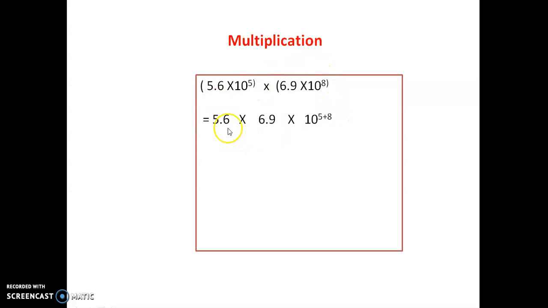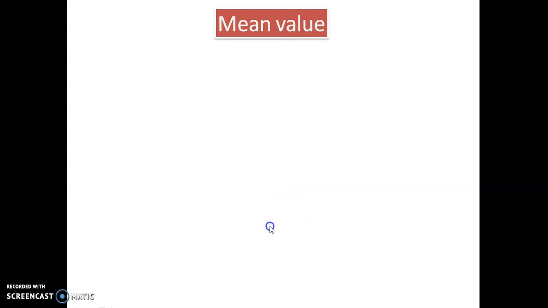So 5.6 times 6.9, and the exponents 5 plus 8 becomes 13. So we get 38.64 times 10 raised to 13, and we convert it into 3.864 times 10 raised to 14.